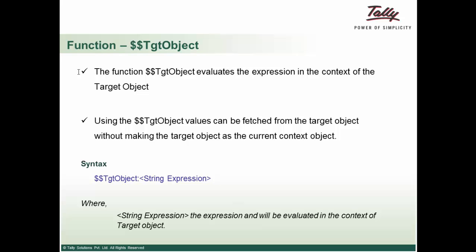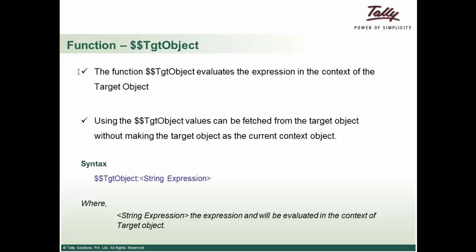So using the function $TDL, values can be called from the targeted object without making the target object our current object, because we might still want to refer to our current object.